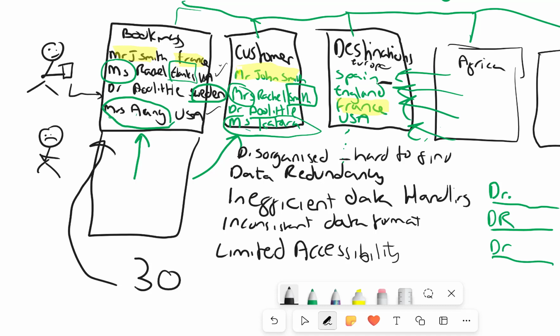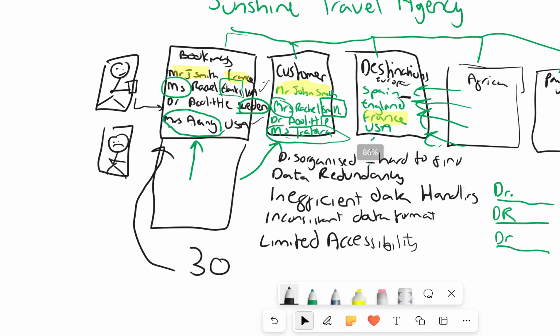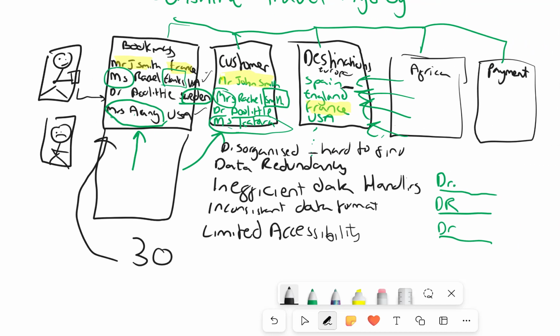And finally, all of us can have access to the same information. But let's imagine we had payment details. So if I just zoom out slightly. So let's add payment. Would I want my ground floor shop workers, the guys who are on the phones, to have access to people's payment information?